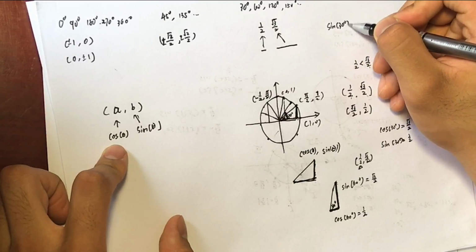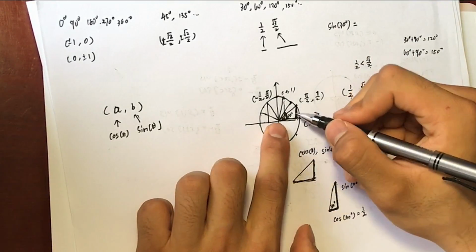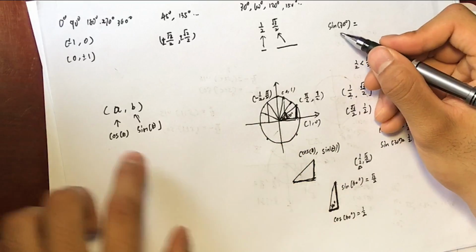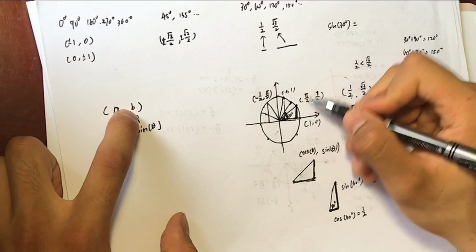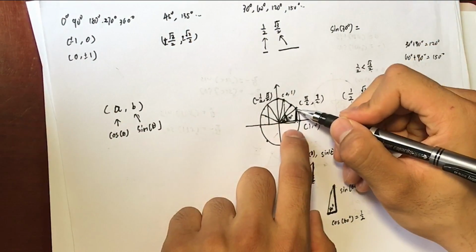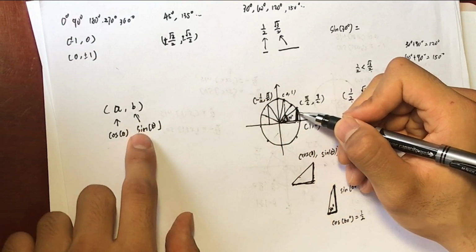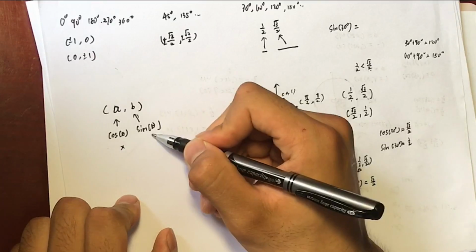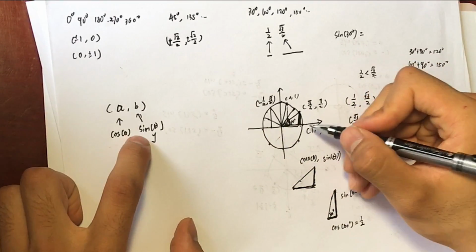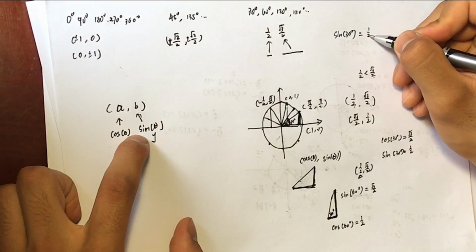Sine 30 is right here. What's sine? Second number, right? 30 degrees right here. The shorter length is your y value, which is your sine. Here's x, here's y, right? Which is your second number, which is 1/2.